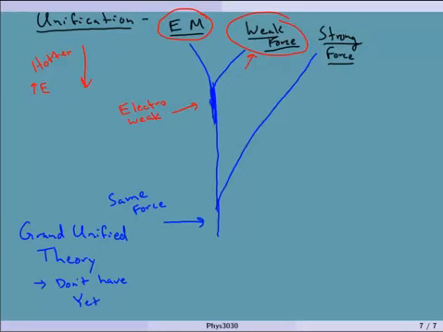They can move super close to the speed of light, and they look like the same force. E&M and the weak force look like the same force. Everyone assumes that the strong force will come in here and interact. And we understand all of these on a particle basis pretty well. So we assume that there's a grand unified theory.